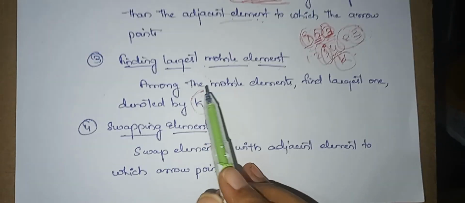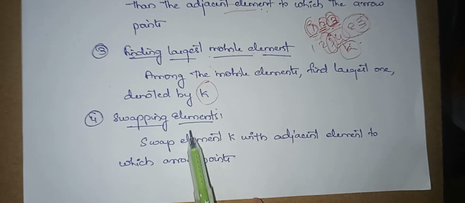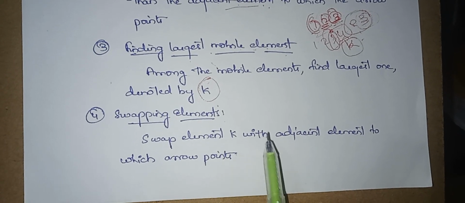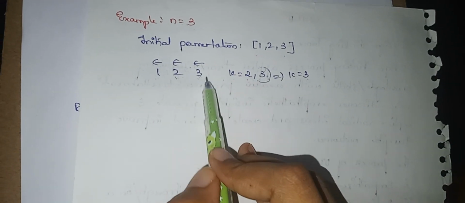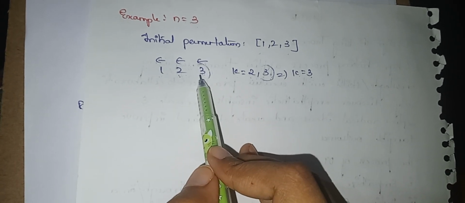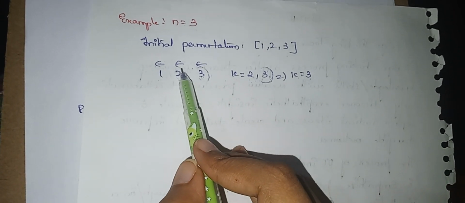Now what I have to do after identifying the largest mobile element, the next step is to swap element k with the adjacent element to which the arrow points. So the largest mobile element is k, where k is equal to 3. Now I have to swap this k, that is 3, with the element in its pointing direction.